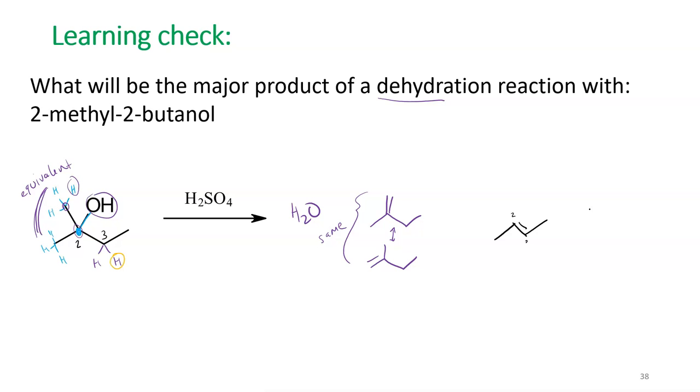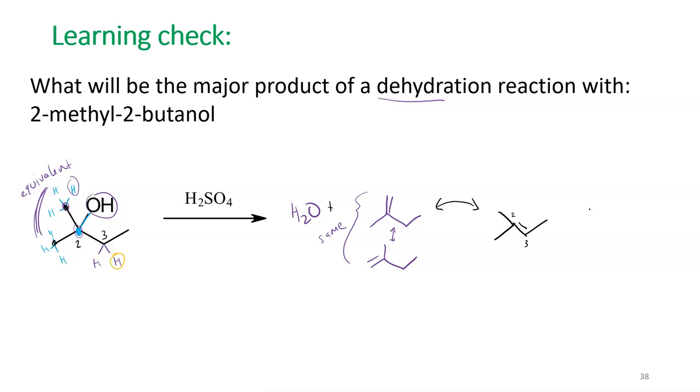So number 2 and 3 here will have that double bond, and we'll still also have this group up here. So this would be the original. These 2 carbons are still there, and we still have all the carbons that are located there, but now we have a double bond in a different location. So these 2 structures are different structures. So we'll have the water, one of those two structures, and that's the answer.